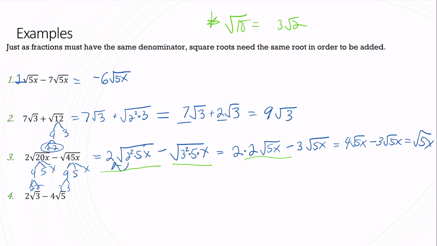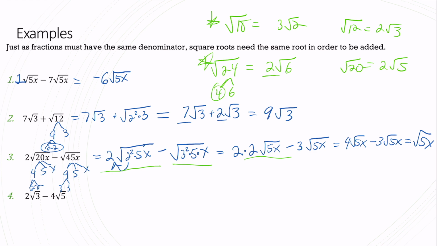If you know the square root of 24 is 2 root 6, you don't have to show your steps, right? 4 times 6 is 24. 4 is a perfect square. It comes to the outside, 2 root 6. You don't have to show your work, but you should at least practice. Eventually, you'll do enough of these so that you'll know the square root of 12 is 2 root 3, the square root of 20 is 2 root 5. You will start to visualize these things.